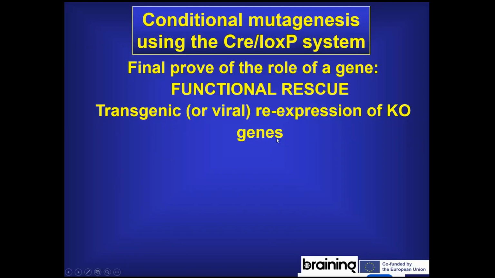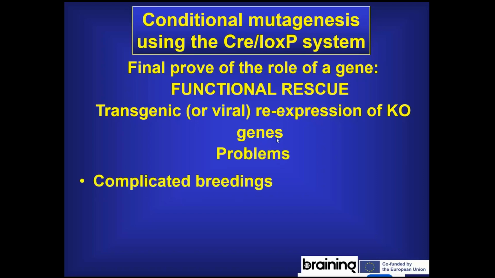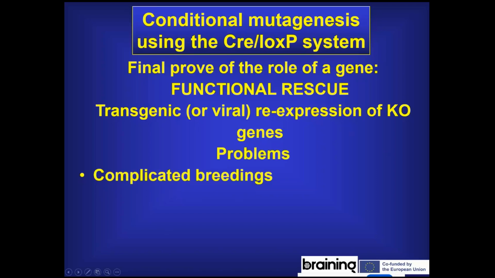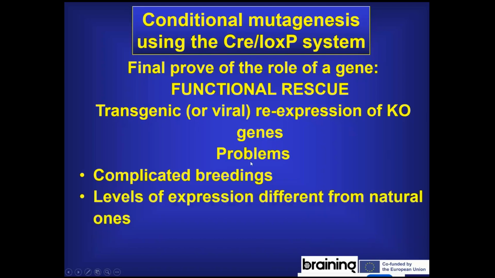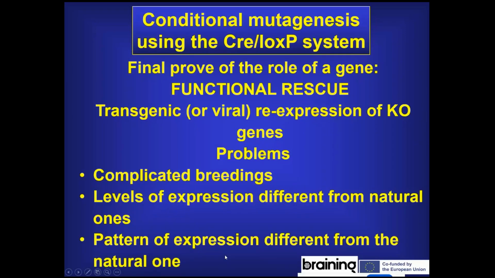So you have a knockout animal everywhere. You want to re-express the gene in the hippocampus, so you inject a virus or you make it transgenic. However, you have problems. The breeding is very complicated if you want to breed a knockout mouse with a transgenic one. The level of expression, especially with viruses, will be different from natural ones, and the same thing for the pattern of expression. So how can you overcome these problems?